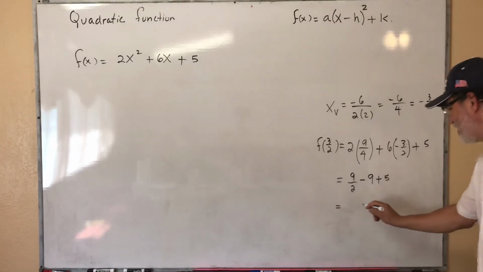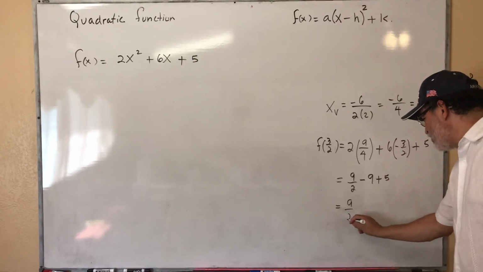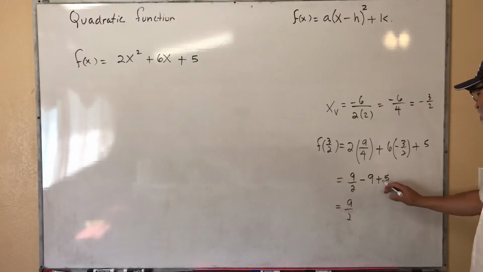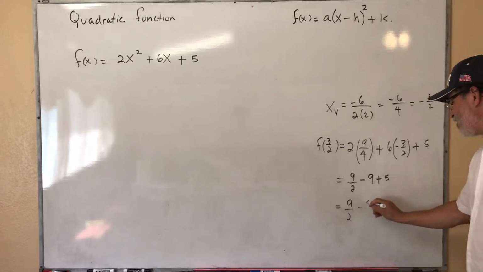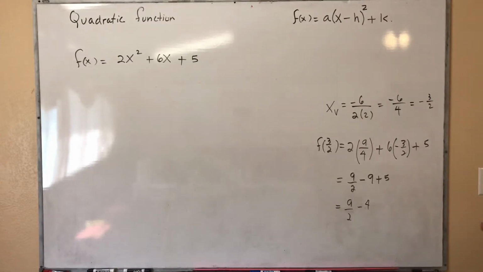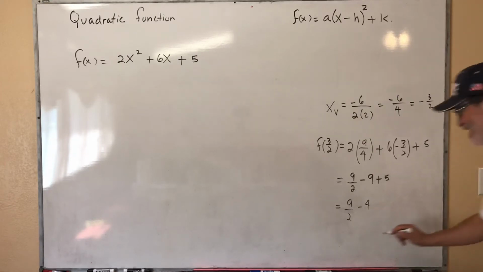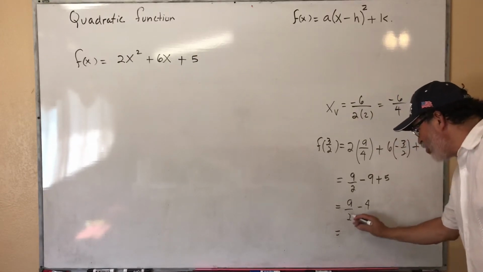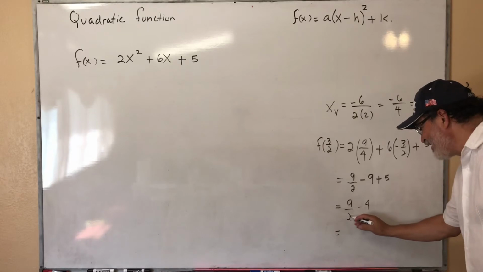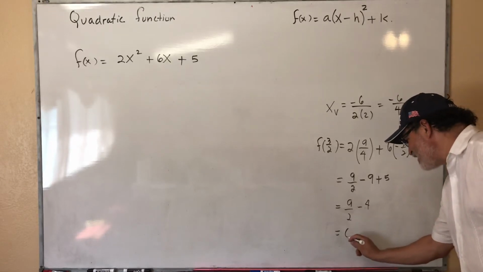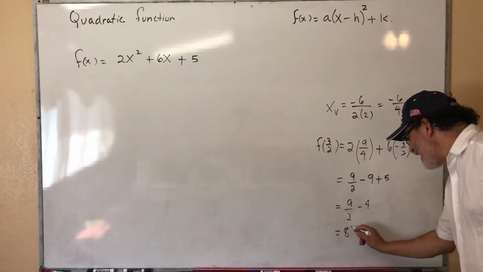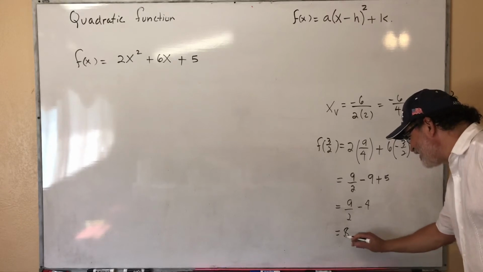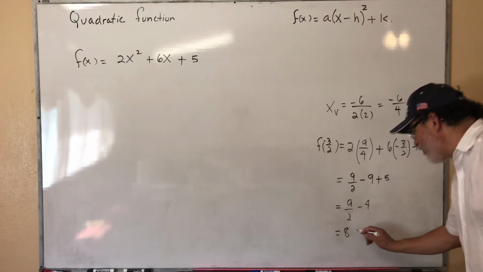And what is this? 9 over 2. What is 9 plus 5? Minus 4. Okay? Does anybody know what 9 over 2 is? That's 8 and a half, okay?